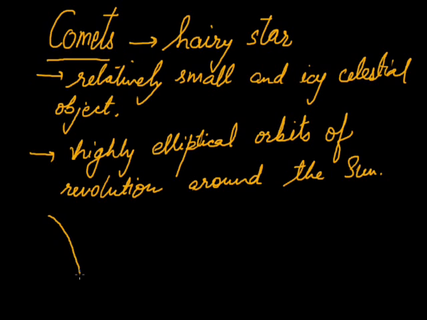They are observed in the sky when they come towards the sun. When these icy objects come towards the sun, their ice melts and the loose particles and dust form the tail of the comet. This tail is always away from the sun, and when comets come near the sun, they appear as a tailed star.